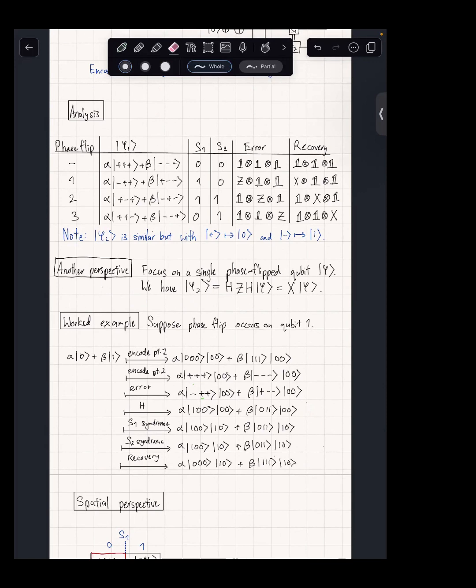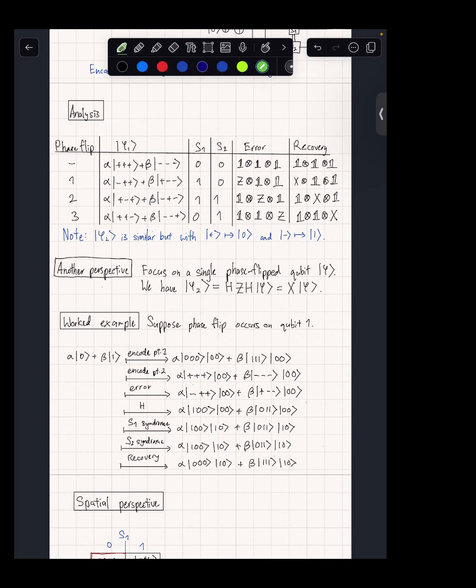S1 would measure the parities of the first two bits, and S2 would measure the parities of the last two bits. And so for S1, we would end up with 1 in the first ancilla qubit because it measures 1, 0 or 0, 1. And for S2, it measures 0, 0 or 1, 1, which results in 0 in the second ancilla qubit.